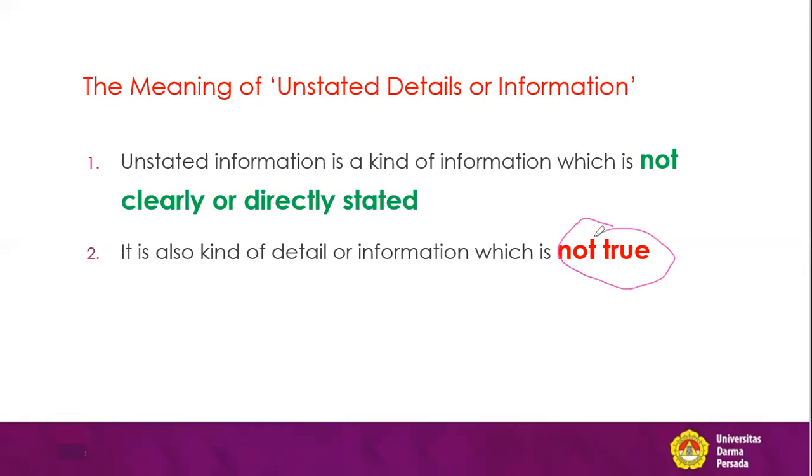So you need to find the information in the passage that is not true, according to the keyword. Don't worry. We are going to do practices, so everybody will find out what is exactly the meaning of not true.